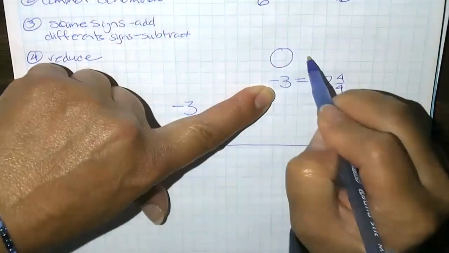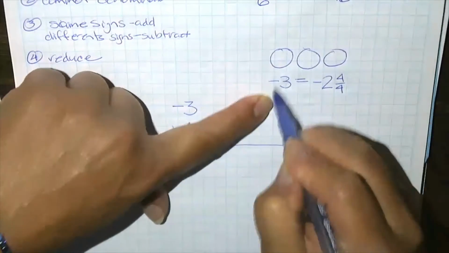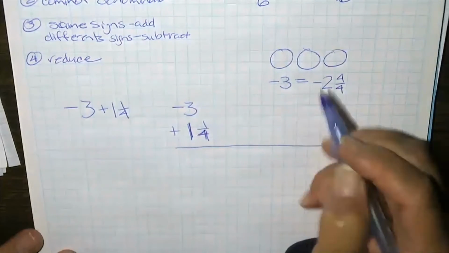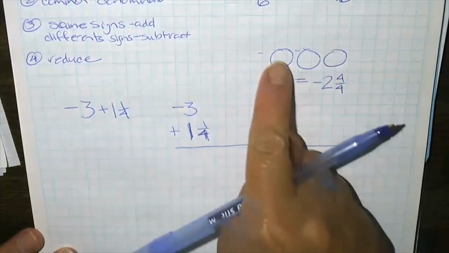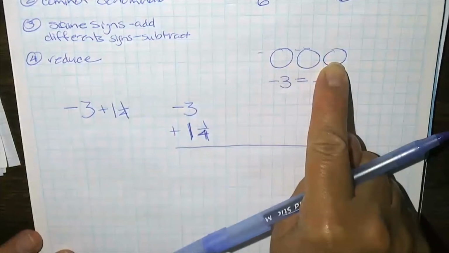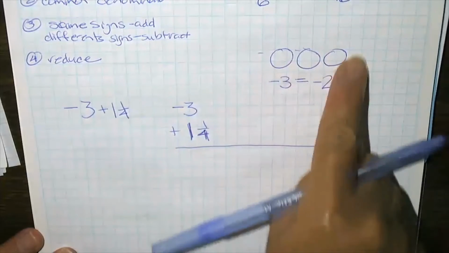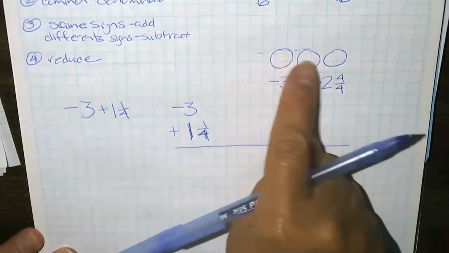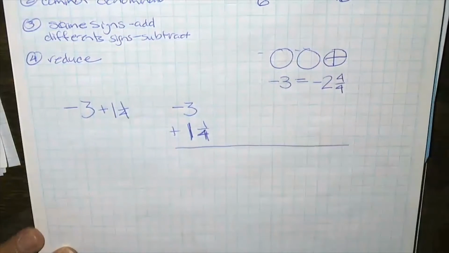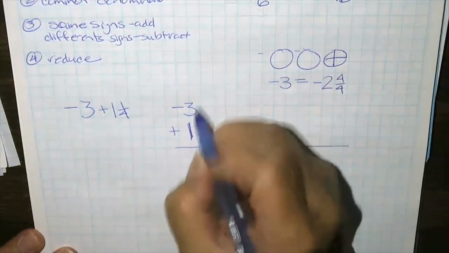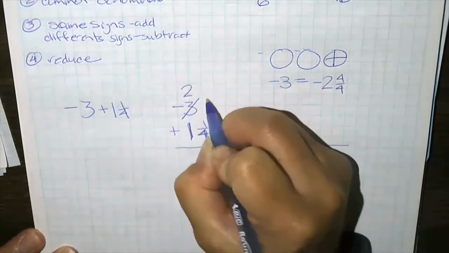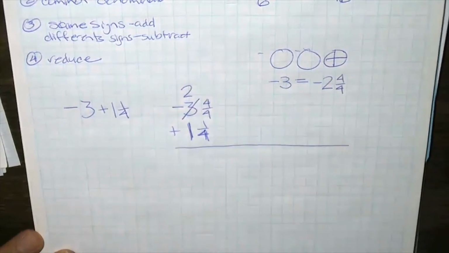This is 1, 2, 3 pies, right? And they're all negative because we owe for them. So -3, this is 3 pies. This is the same thing as 2 and 4/4, right? So I'm going to take this -3 and I'm going to make it a 2 and 4/4.